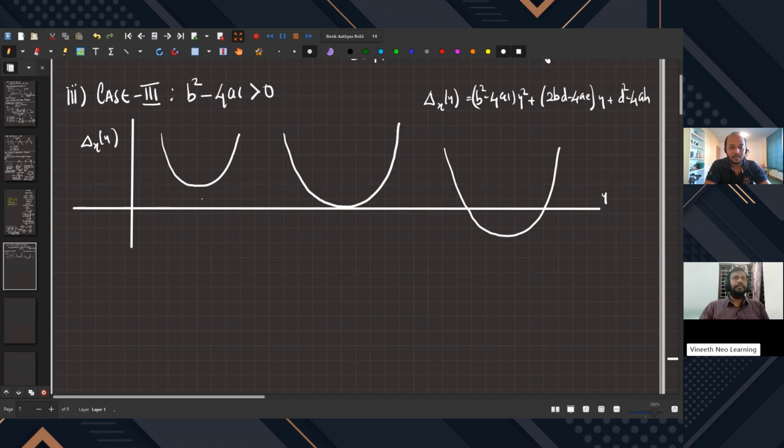Yes, exactly, since it never even touches 0. In this case, delta x of y is greater than 0 for all y in the real numbers.